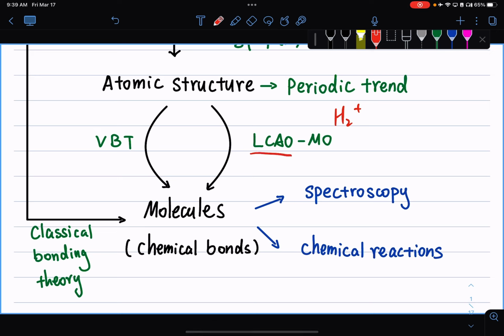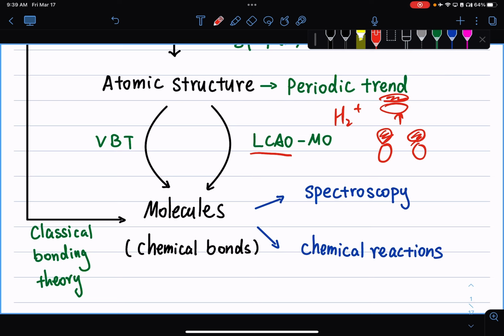So LCAO is just giving you an approximated molecular orbital by taking the linear combination of atomic orbitals. So in the LCAO-MOs, occasionally you can have two different p atomic orbitals, you write them together, and the linear combination of it gives you a pi bond or a pi MO. So the linear combination of atomic orbitals, that's an approximation we use to create molecular orbitals.